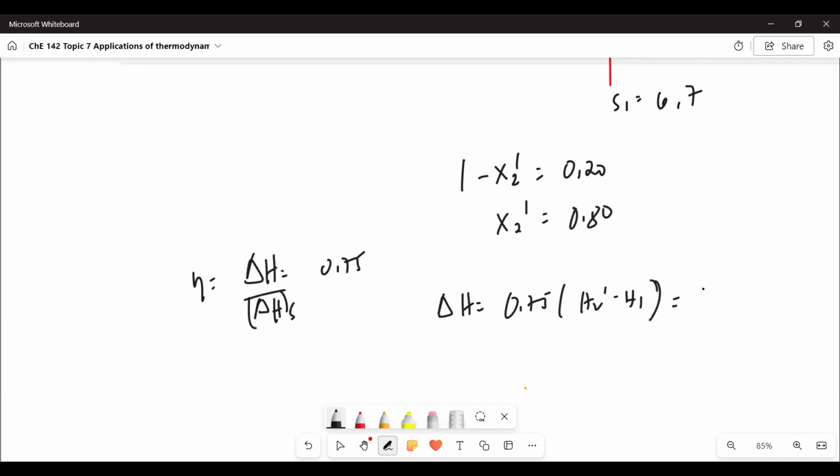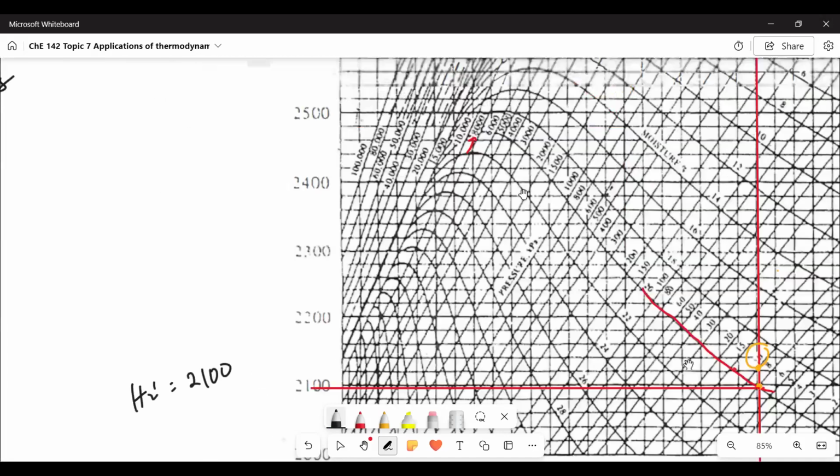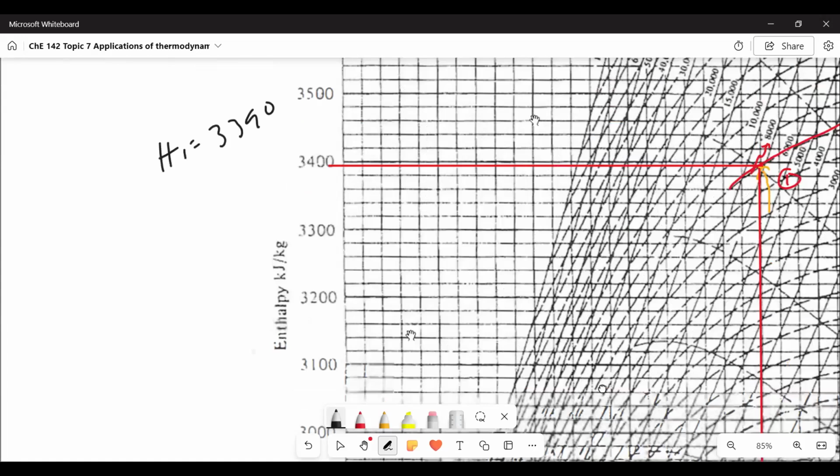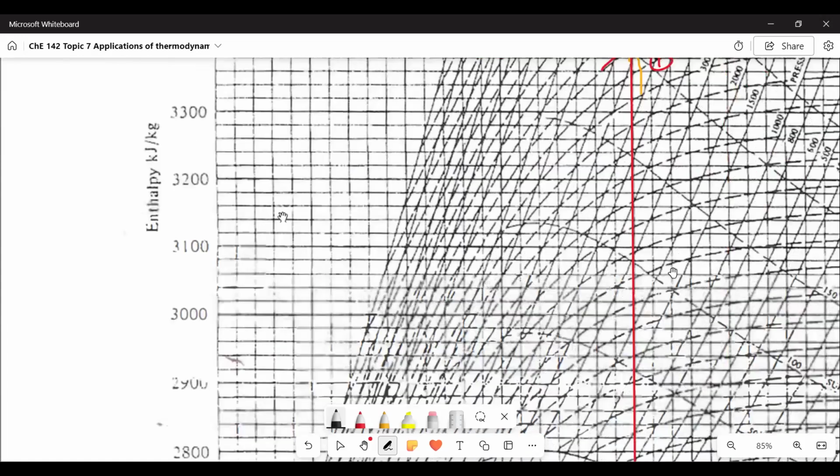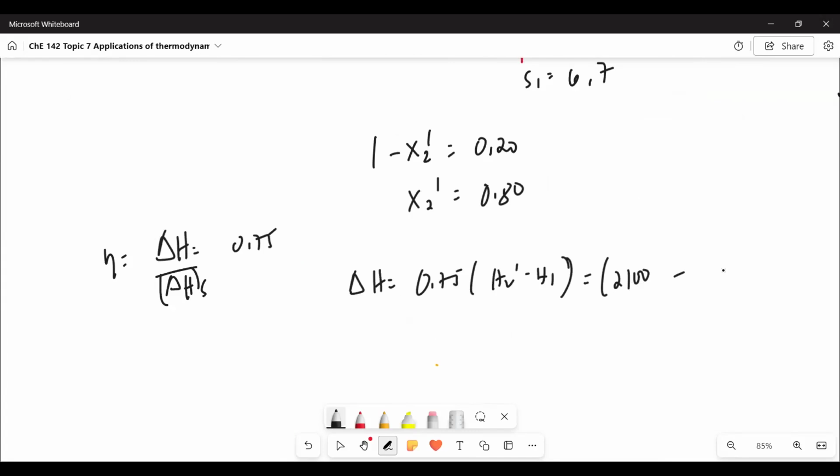So that's 2200 minus 3390. What's the value? Let me use times 0.75. Using my calculator, hold on for a while. Minus 3390 times 0.75. Negative 967.5 kilojoules per kilogram.